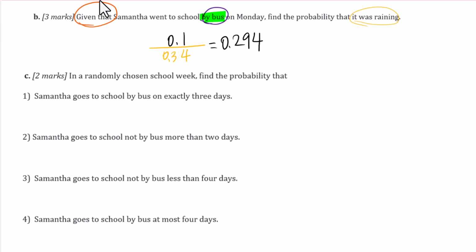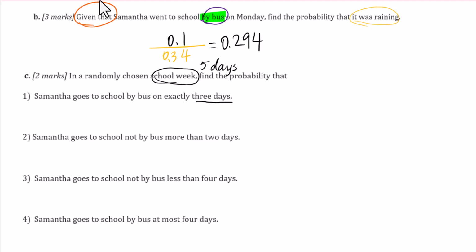Let's go to C. In a randomly chosen school week, find the probability that Samantha goes to school by bus on exactly 3 days. School week from the given information means 5 days.